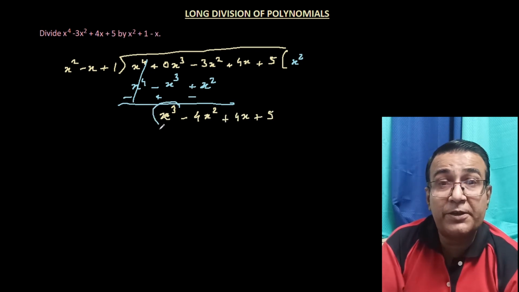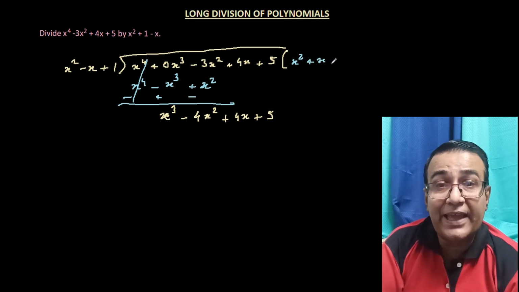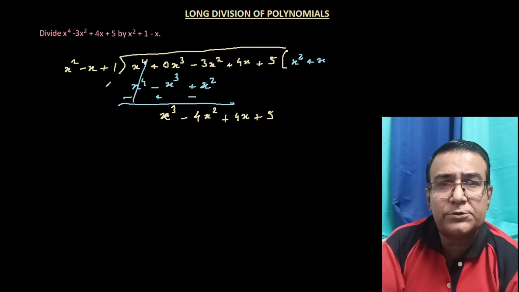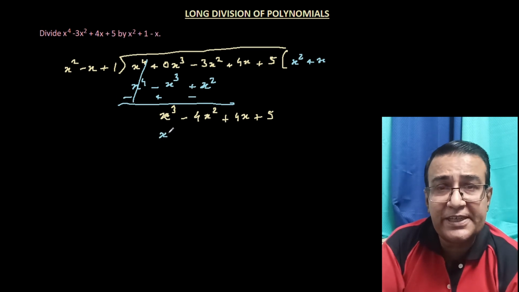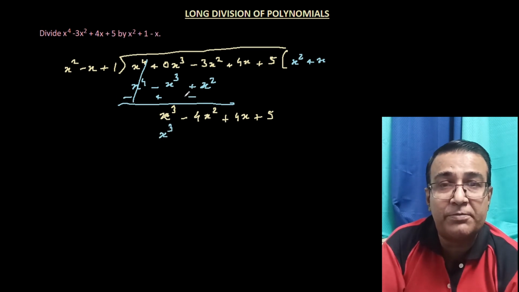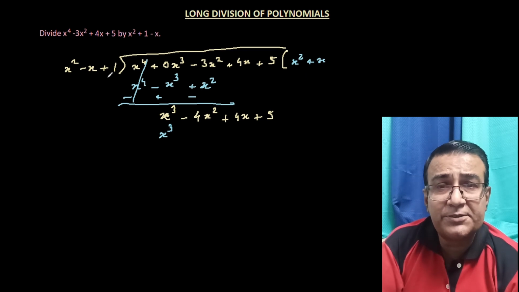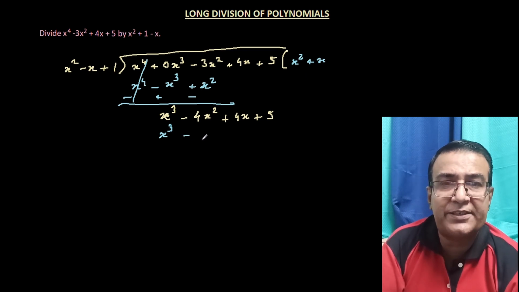Again, the first term of the dividend x cube has to be divided by the first term of the divisor x square. So x cube divided by x square gives us x. Write that in the quotient plus x. Multiply it by the divisor. So x times x square gives us x cube. Write that below the x cube term. X times minus x gives us minus x square. Write that below the x square term.